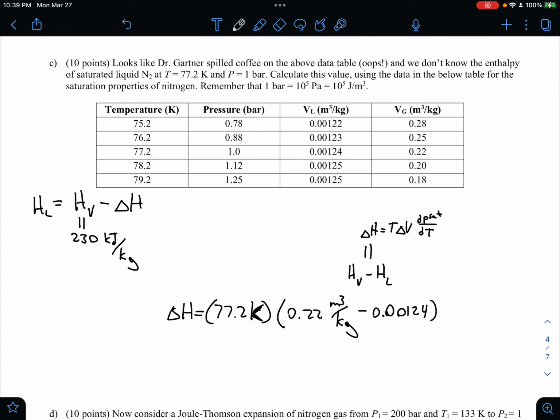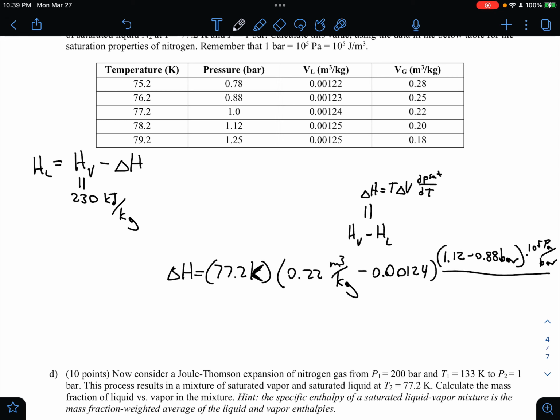Okay, so we're going to need to do a delta P, so I'm going to say 1.12 minus 0.88, so that's bar, and then times 10 to the 5th pascals per bar. And the delta T is going to be 78.2 minus 76.2 Kelvin.